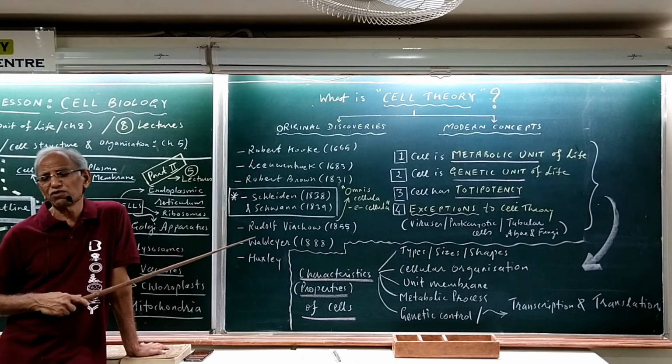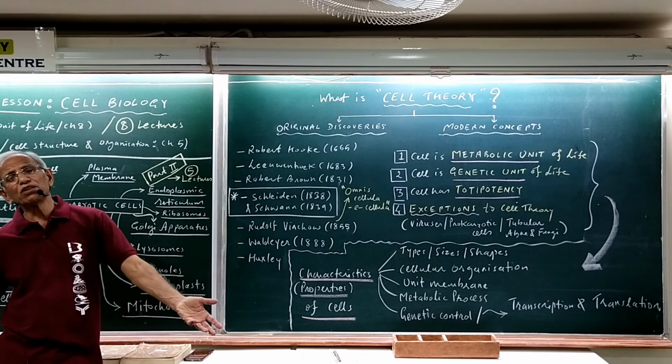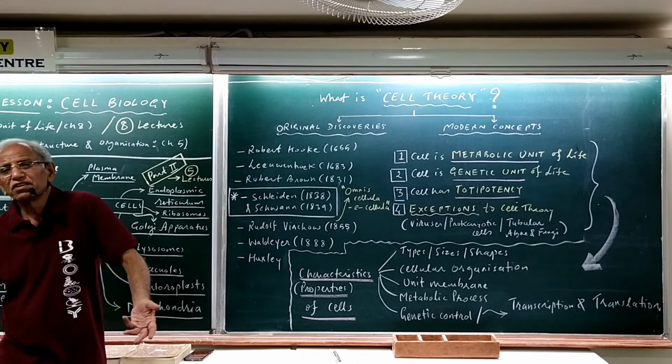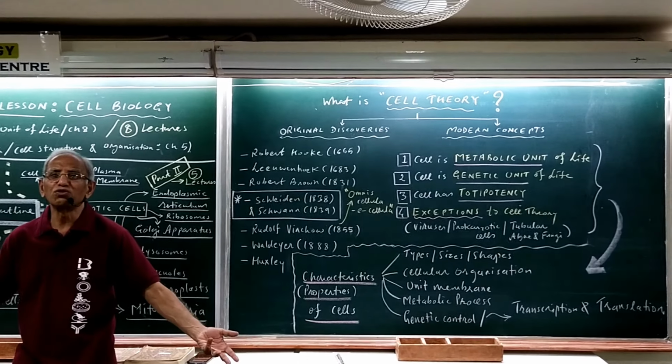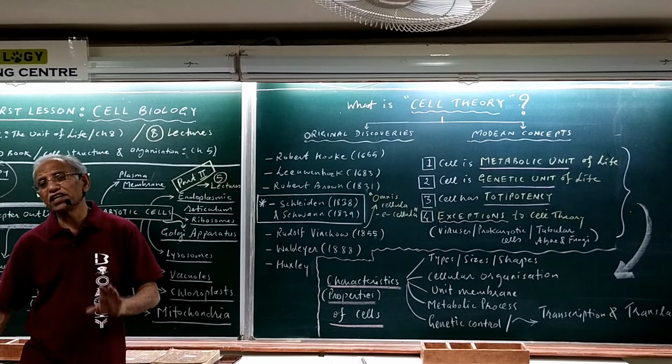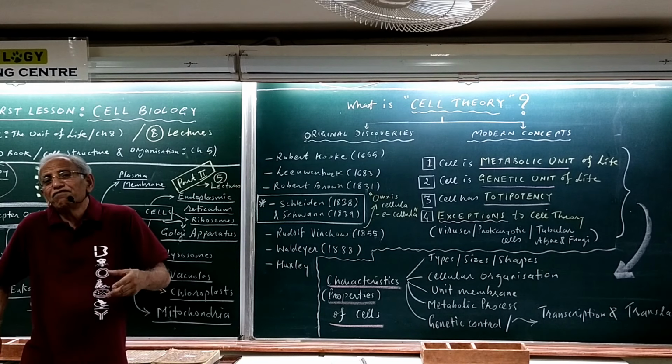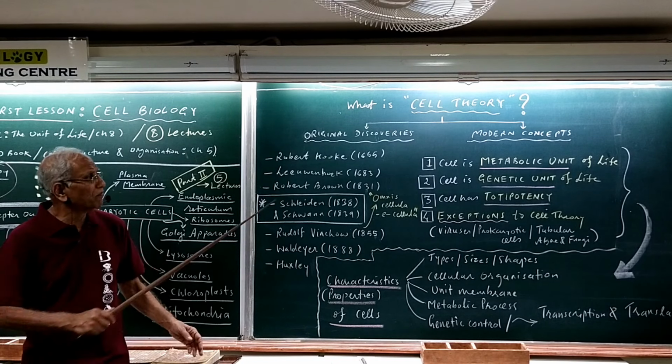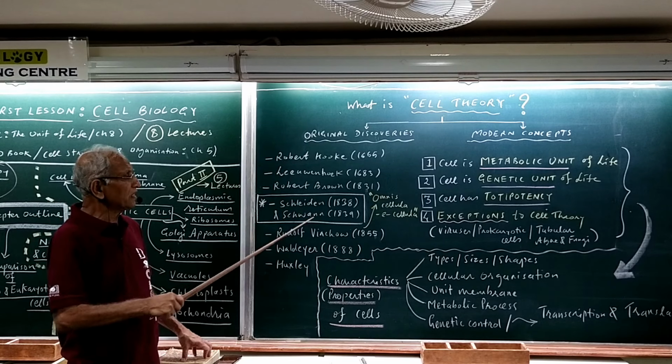It was not that easy. Today, everybody knows. Even a first or second standard student knows what cells are. But it took 300 years to finally establish that everything is made up of cells, all life is made up of cells. So these are the basic discoveries.